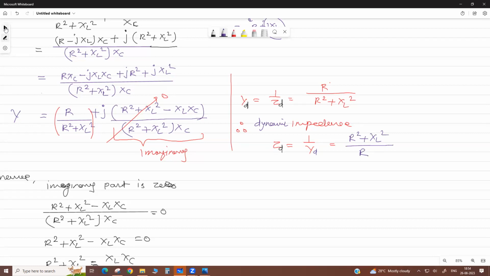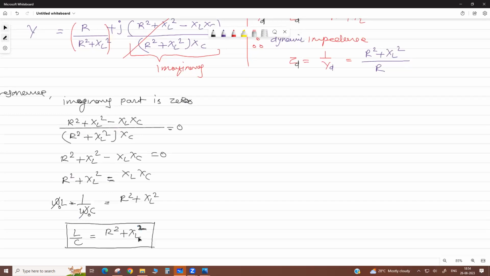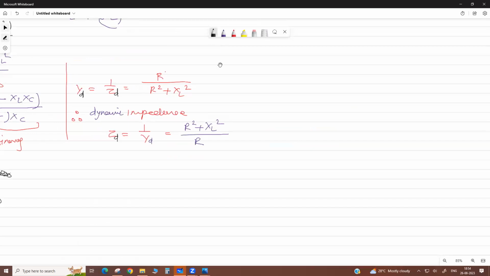From this we get that R square plus XL square is L by C. So now we can put L by C here. L by C by R, or it is L by CR.